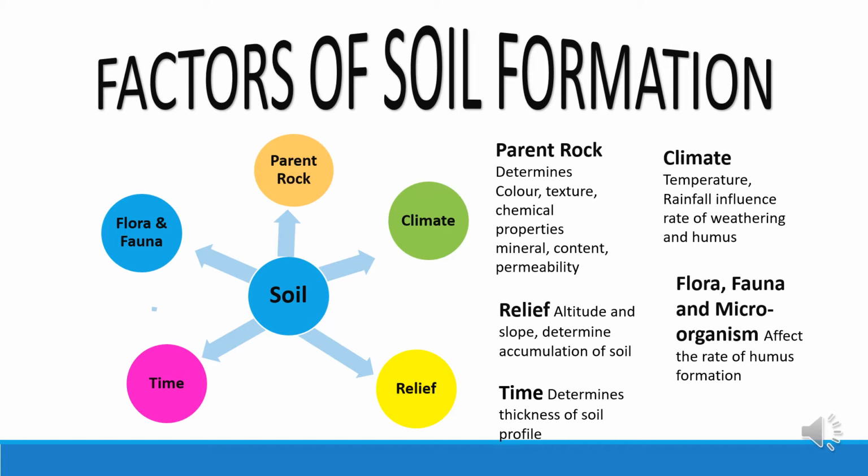Second, we are going to see climate as a factor. When I say climate, it includes both temperature and rainfall. When there is a high temperature, the rocks expand, and at low temperature they contract. So that may lead to the disintegration of rocks, and that is weathering. And there is another climate factor, which is rainfall.